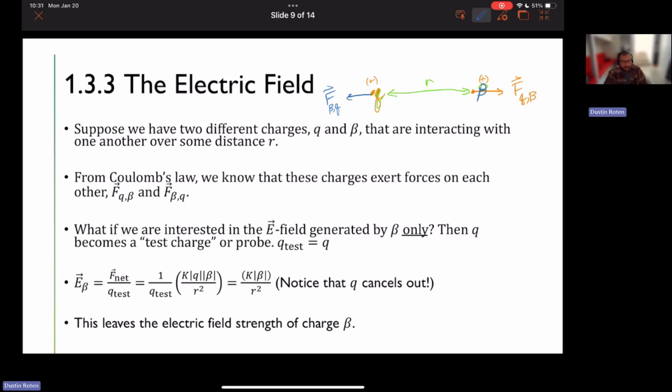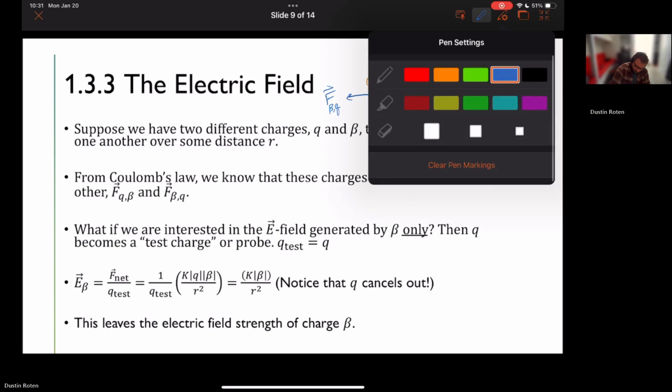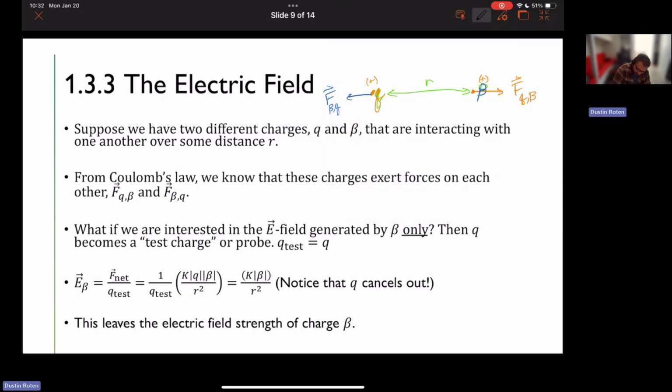So what if we are interested in the E field generated by beta only? Okay, so we want to know, this is our generator. Beta is going to generate some electric field, obviously. Q is also generating an electric field, but we don't care about it.